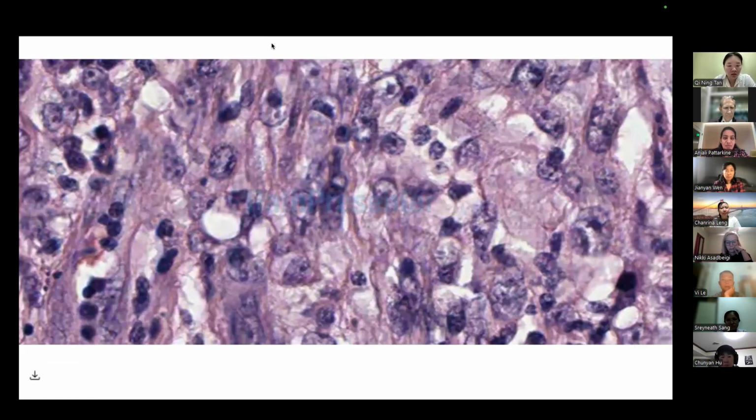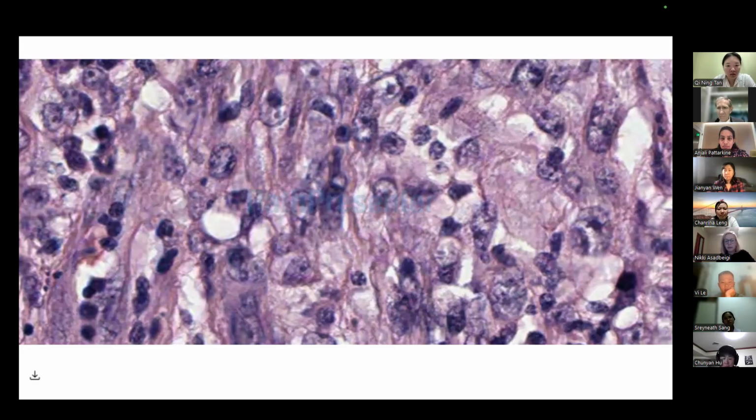Can anybody tell me what this is? Let's just start with some differential diagnosis. Usually the way we work up the derm path cases, the first thing I ask the resident is, is it a proliferation or is it another process going on? Proliferation can be benign or malignant.